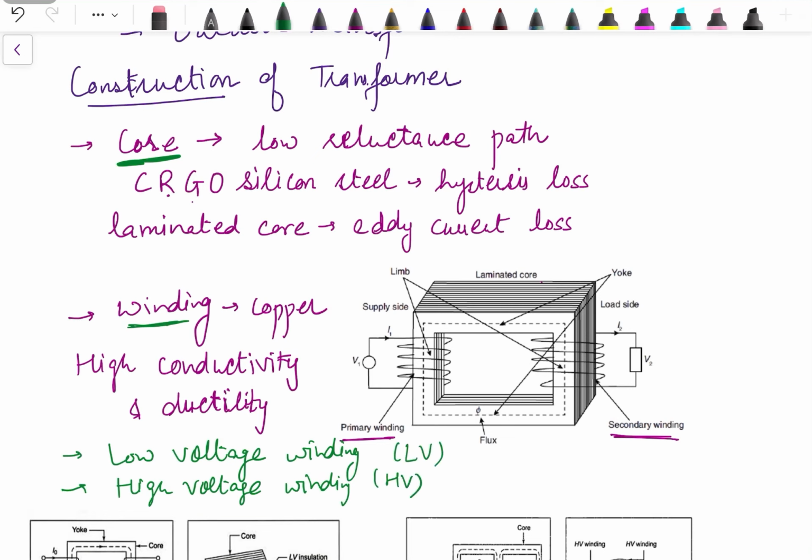Low voltage winding will have a lower number of turns, and high voltage winding will have a high number of turns. So on the high voltage winding we will have a higher level of voltage since the number of turns is more, and for the low voltage winding we will have a lower number of turns leading to a lower level of voltage.